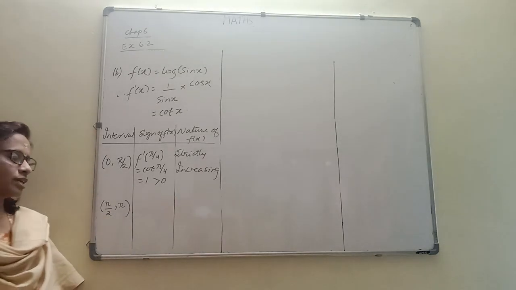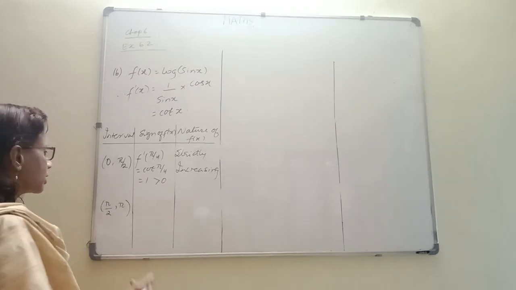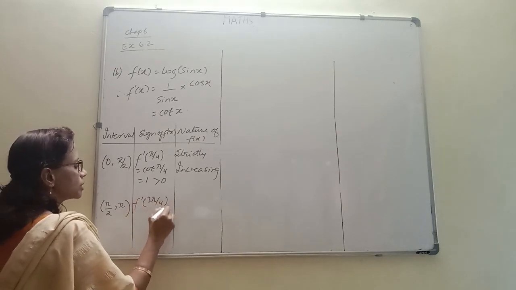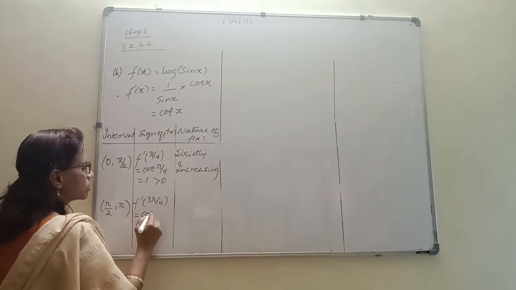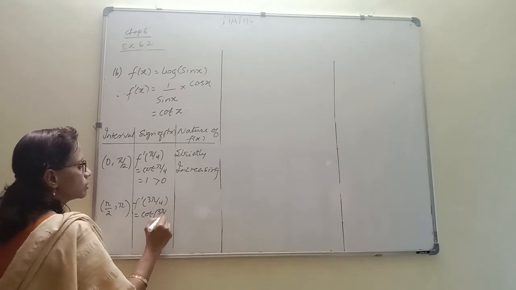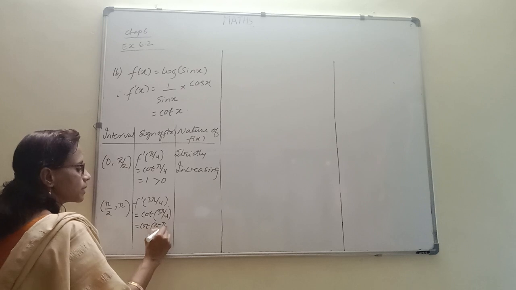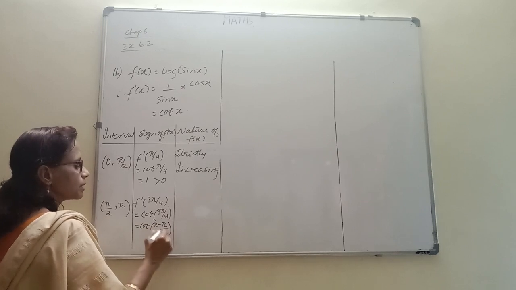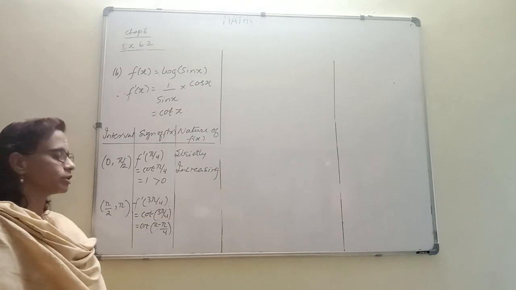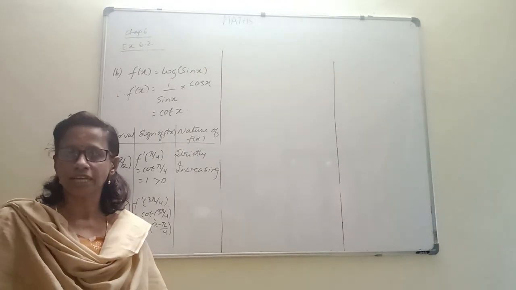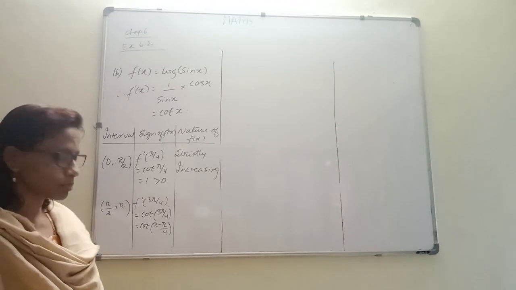Maybe 3 pi by 4, if you want: f dash at 3 pi by 4 will be cot 3 pi by 4, which you can write as cot of pi minus pi by 4. Please check, pi minus pi by 4 is 3 pi by 4. Because it is in the second quadrant, where only sine and cosec are positive, all other ratios are going to be negative.